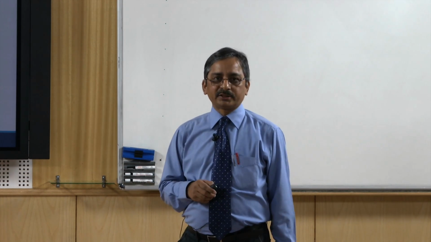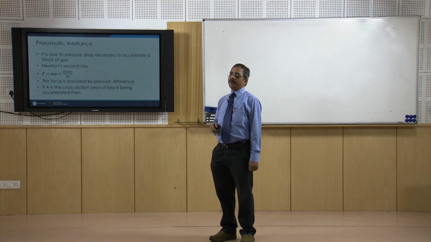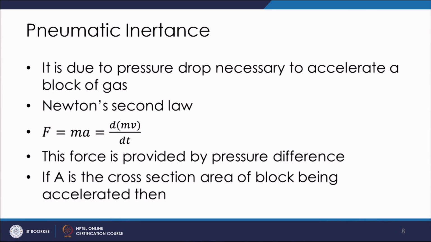Now, we will look at the pneumatic inertance. It is due to the pressure drop necessary to accelerate a block of gas. For this block of gas, how much pressure drop is necessary to accelerate it? If we look at it, we can get the definition of the pneumatic inertance.